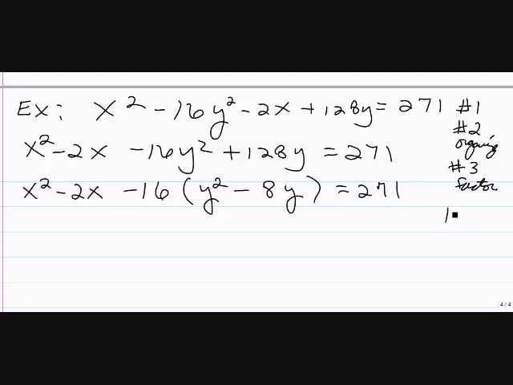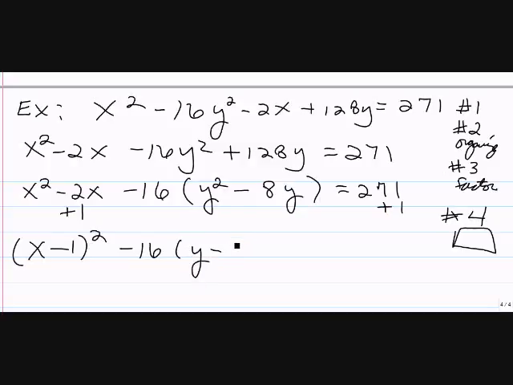Okay. Step number 4, complete the square. X squared minus 2x is x minus half of 2, x minus 1 squared, which is x squared minus 2x plus 1 squared. Add that to both sides of the equal sign. Y squared minus 8y is y minus half of 8, 4 squared.